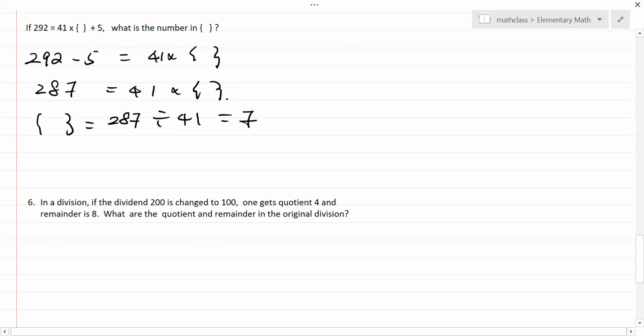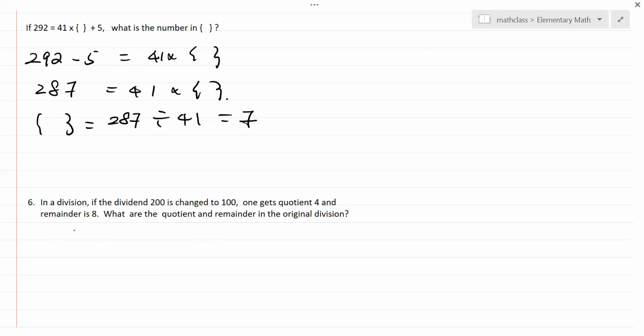I think the idea is we have to figure out the divisor. If you figure out the divisor, then you divide 200 by that number. Nothing has changed, only the dividend changed.